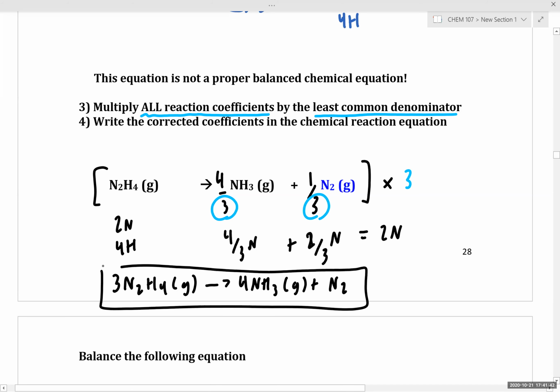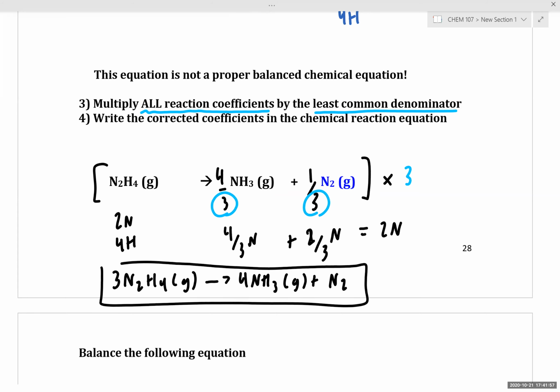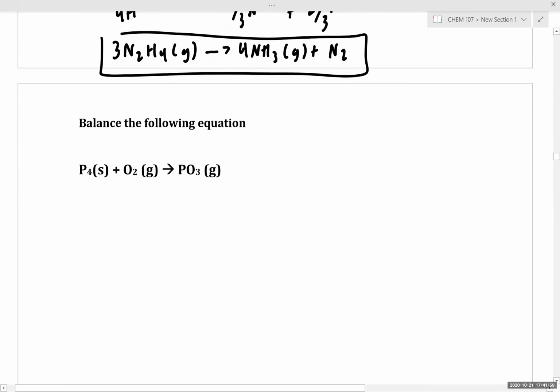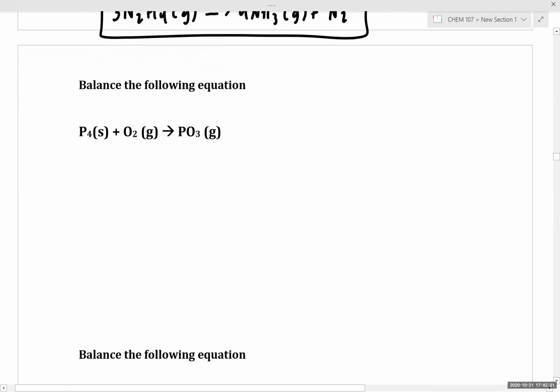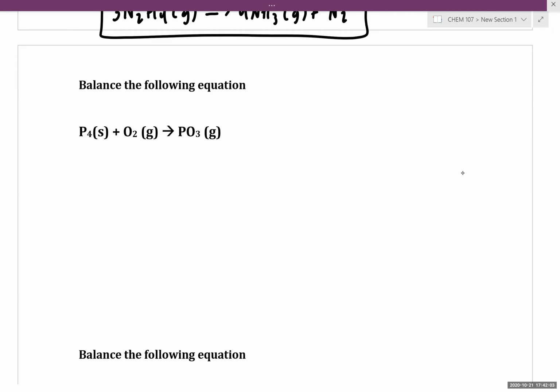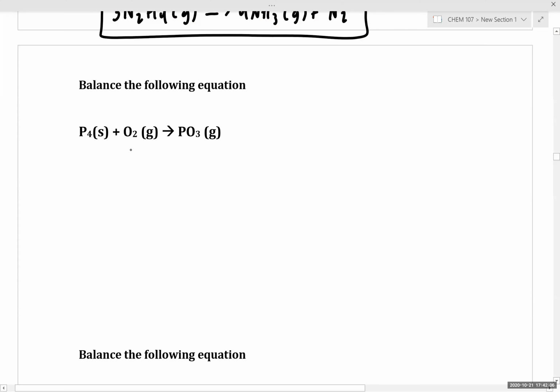So some students really find the half notation method efficient, and it really is a matter of the exact equation that you're dealing with. In this case, the least common multiple method is probably a little bit faster. Let's look at an example where the half notation method really shines. And these typically include reactions with oxygen.